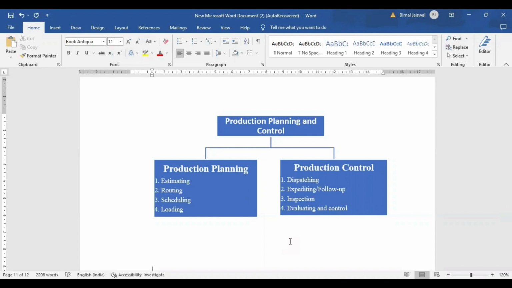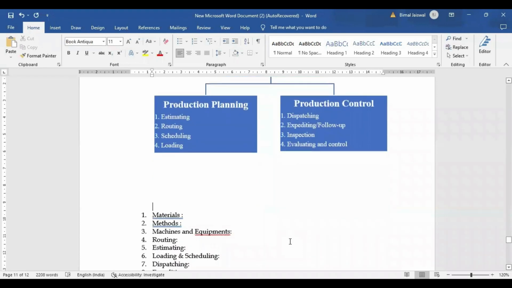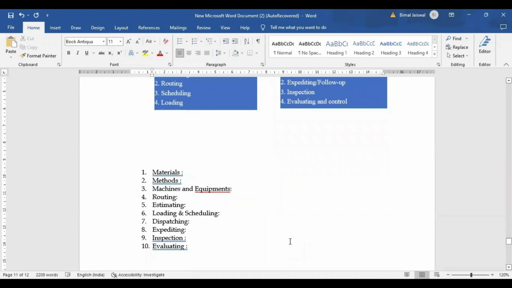Along with these 8 functions, there can be a few more. Like material is also one of the planning aspects as well as a controlling aspect. Methods are also planning and controlling aspects. With what method? Quite possibly errors can be there in the methods involved in the production.